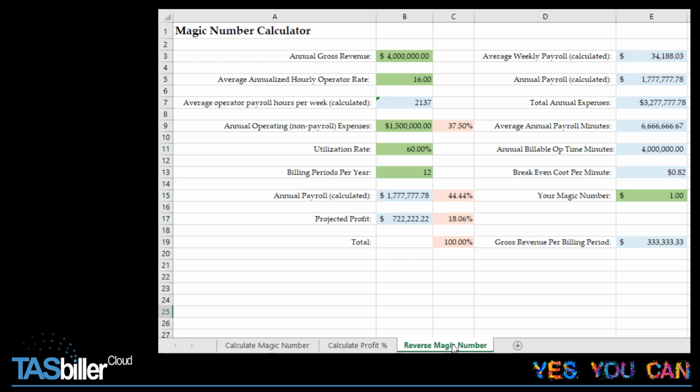I'm trying to look at a kind of an average of a good-sized answering service who maybe is able to hire at better rates, perhaps, depending on where they're located and what have you. So here I'm plugging in what the gross is. I'm plugging in the hourly rate, and it's calculating the number of hours for payroll based on, again, a 60% utilization, kind of backing my way into it, if you will.